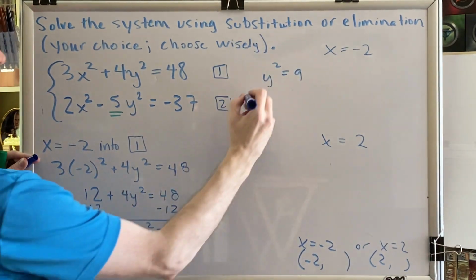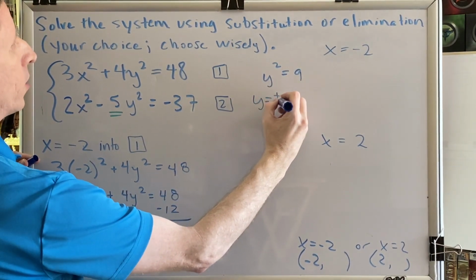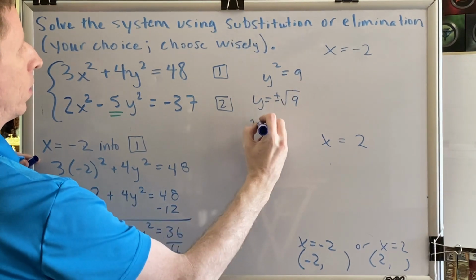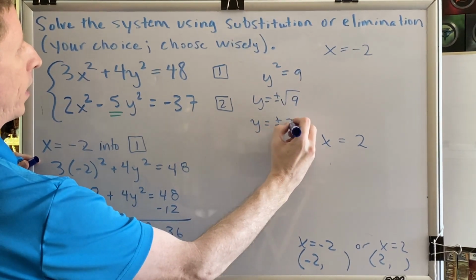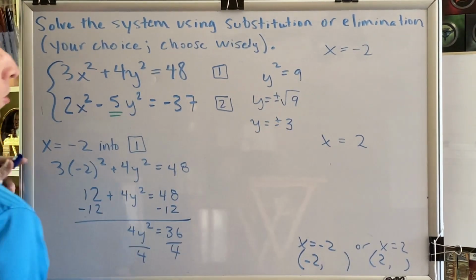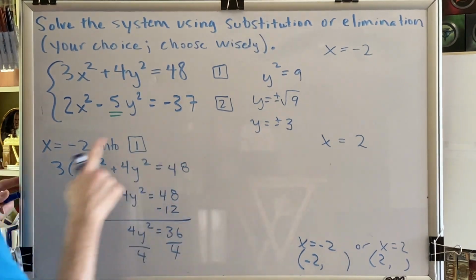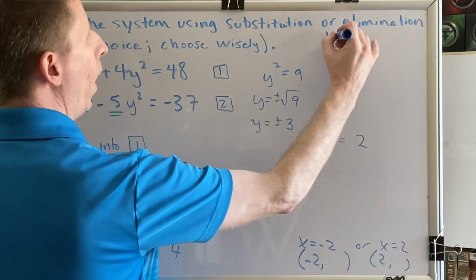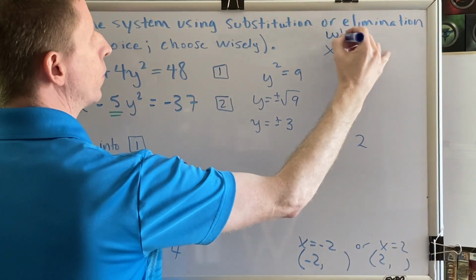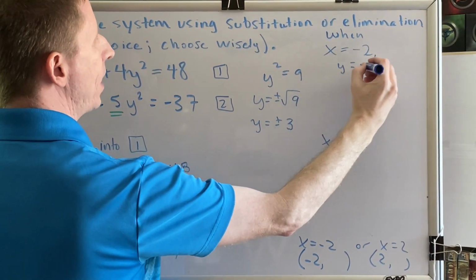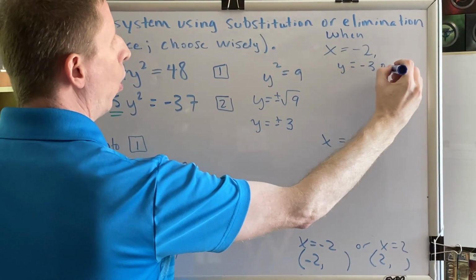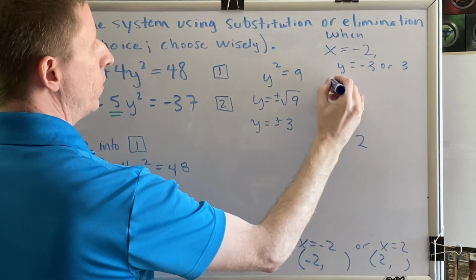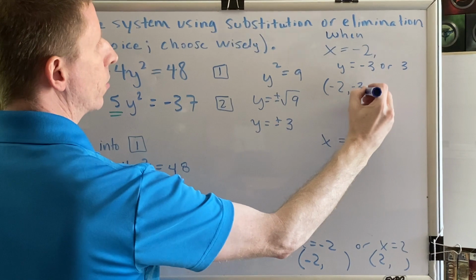Apply the square root property. y equals plus or minus the square root of 9. y equals plus or minus 3. Notice that we got 2 values of y for this one value of x. In other words, when x equals negative 2, y equals negative 3 or positive 3. This gives us 2 ordered pairs.